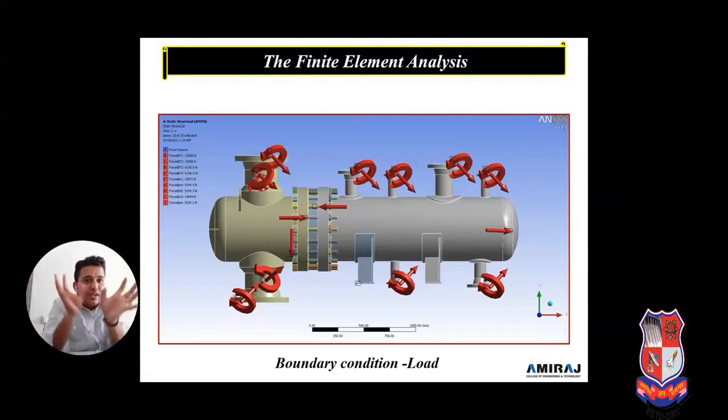Here we have a shell and tube type heat exchanger, and we are applying the load in all three directions X, Y and Z. You can observe that internal forces are also there. This is force due to the fasteners. This is one tube side inlet and outlet, and this is also an inlet and this is an outlet.